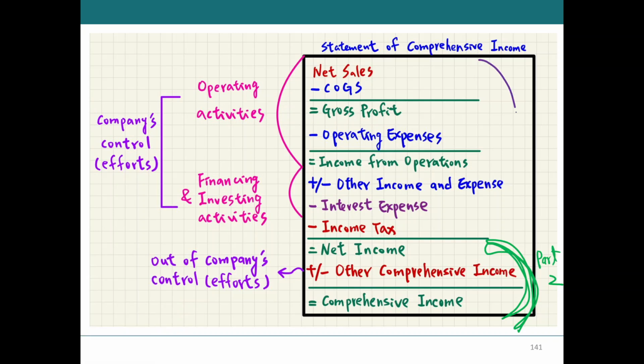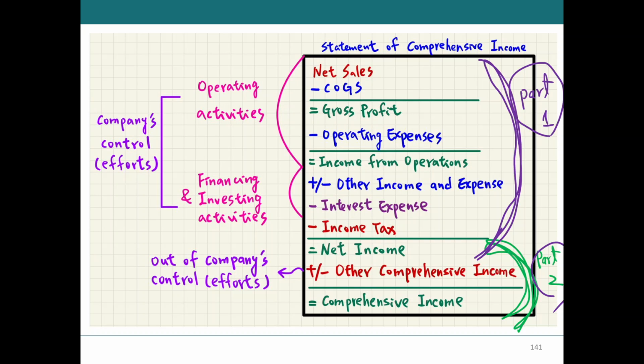From net sales to our net income, this is only part one. Don't forget, the complete statement of comprehensive income does not just end with net income. This is only part one.